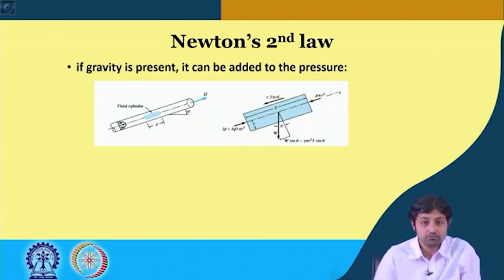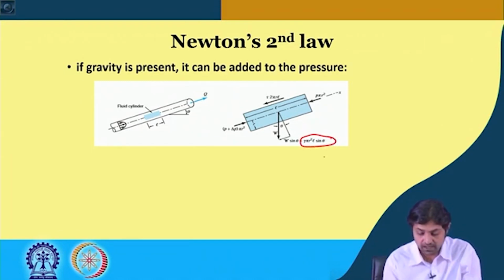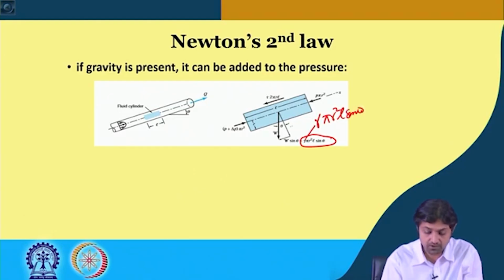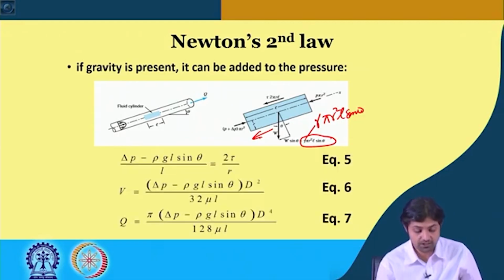Earlier our pipe was horizontal, there was no gravity, but right now the equations of motion will change, because there will be another component, w sin theta, that is gamma pi r square L sin theta, acting in this direction. Because of which our analysis will change a bit.